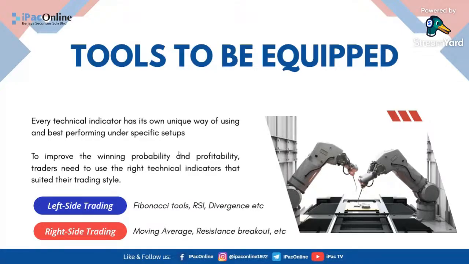Each trading style, be it left side or right side, has different technical tools that are suitable for it. Usually left side traders will use leading indicators, which help them identify the turning point earlier, leading the price action, rather than lagging indicators that are used for right side trading. Here are some examples of left side trading and right side trading.